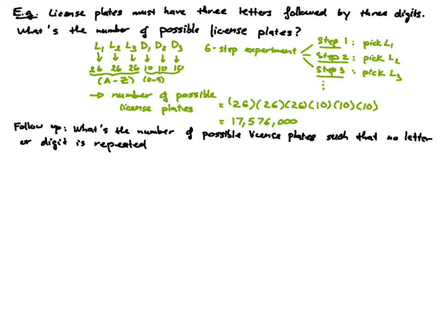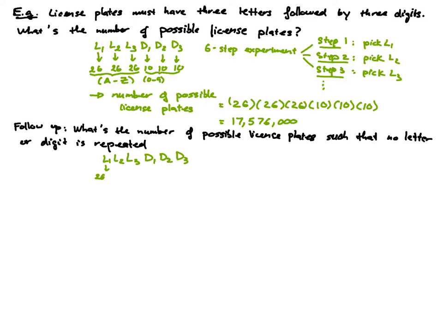So now the format of the license plates is still L1, L2, L3, D1, D2, and D3. In the first step, you pick L1, you still have 26 options. How many options do we have for L2? If we have picked one letter for L1, then we cannot pick it again.